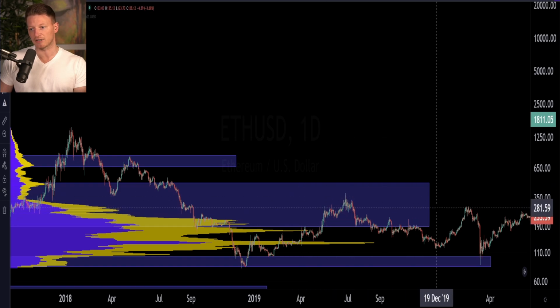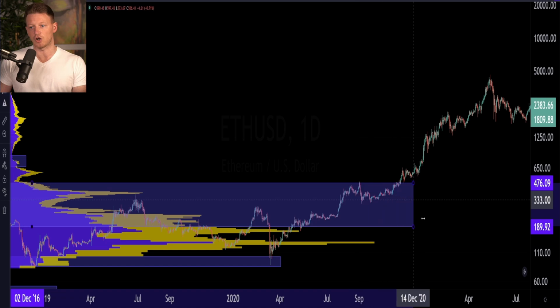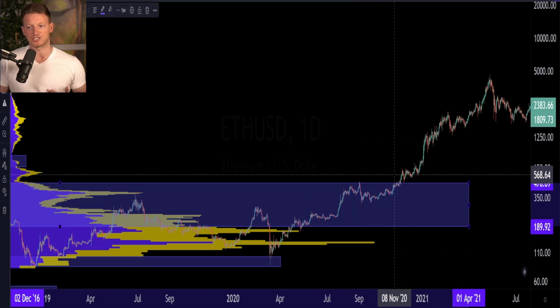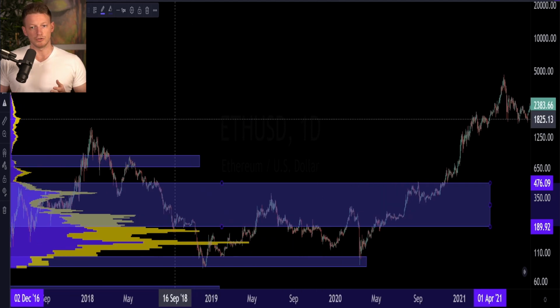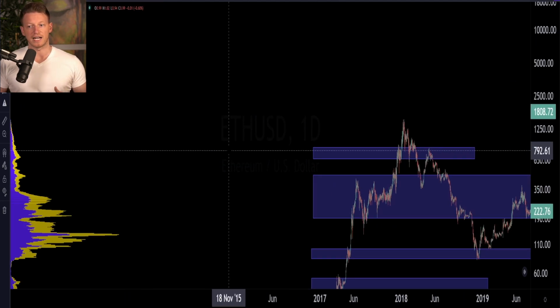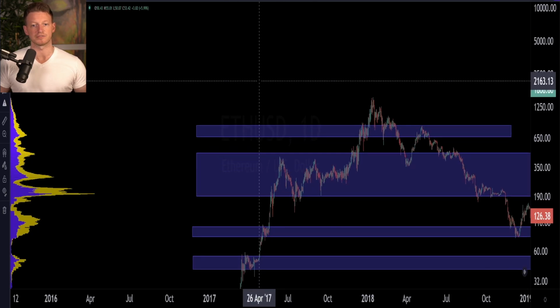And then notice that this area acted as an area of resistance all the way until the bull market started right here for Ethereum, essentially in November of 2020, heading into December. All right, so using this metric, you can identify very clearly where you're going to encounter areas of support and resistance.